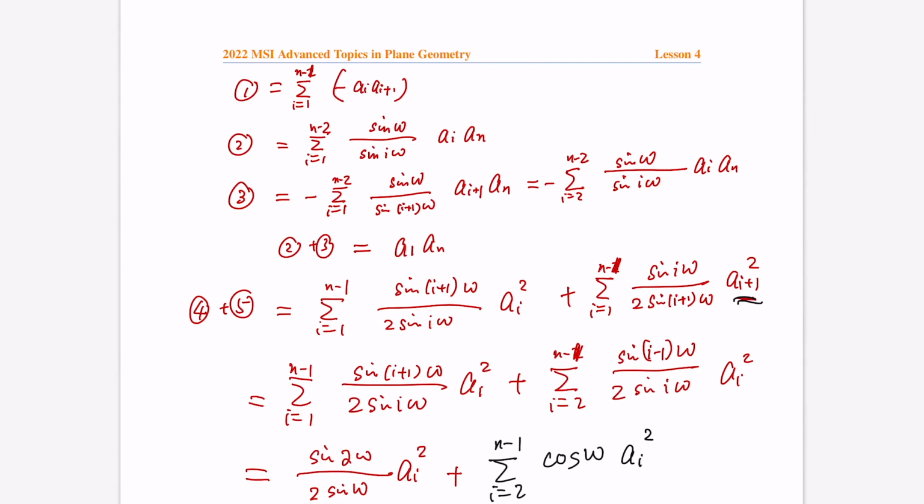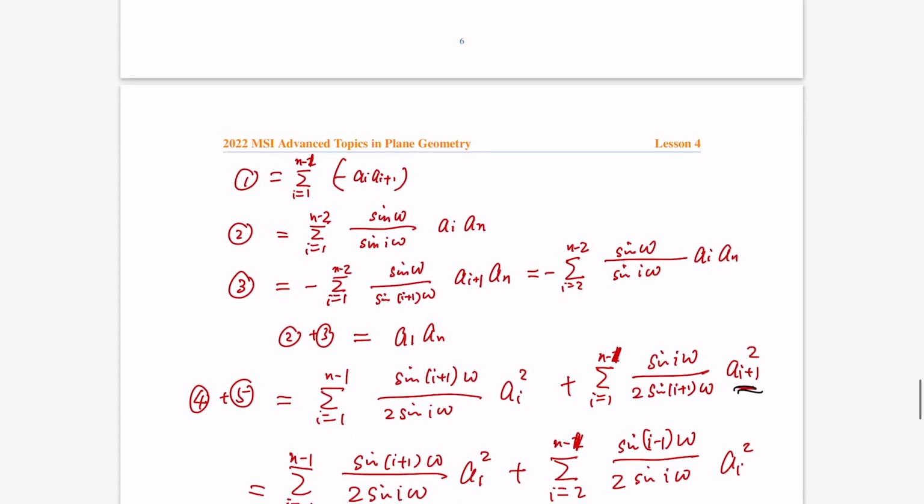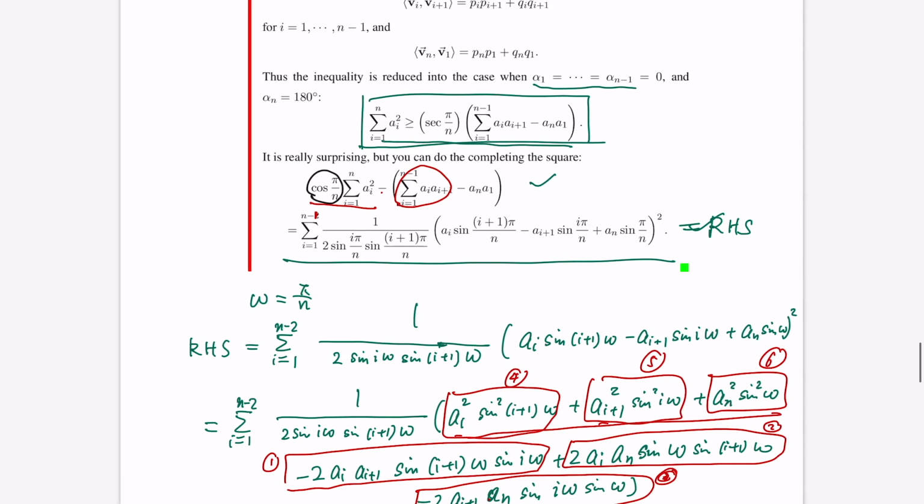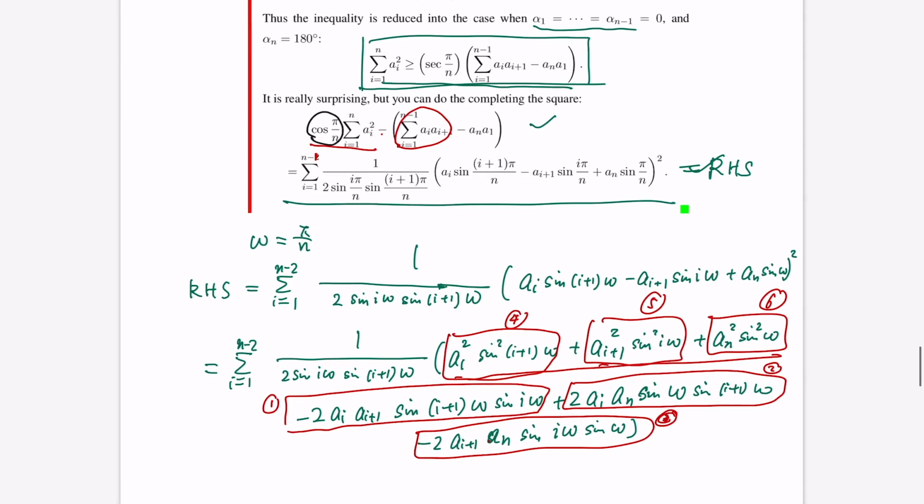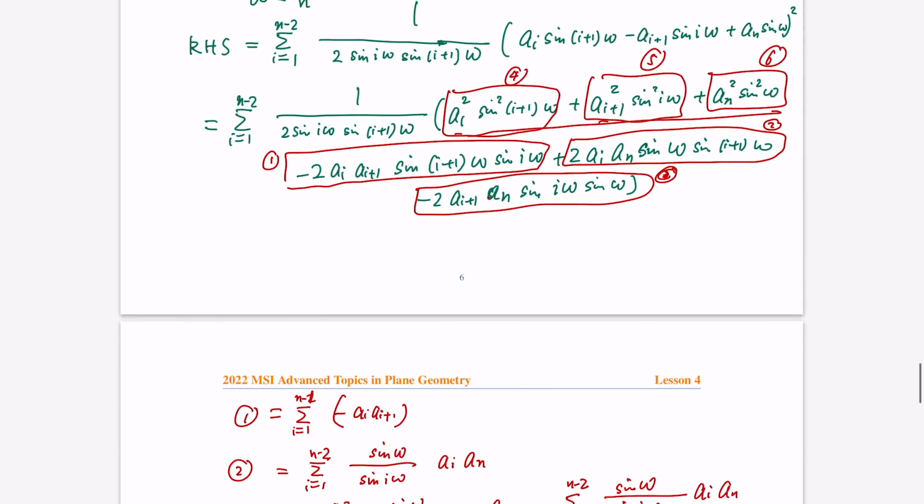So this is i from 1 through n minus 1, and we have the last term for i equals n. That would become from this guy and the summation here. So let's do the last computation.